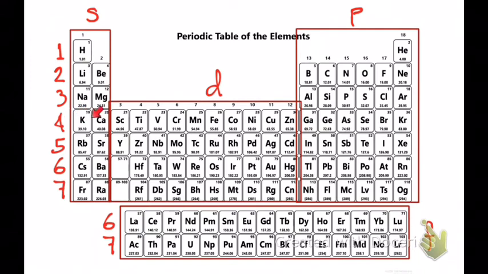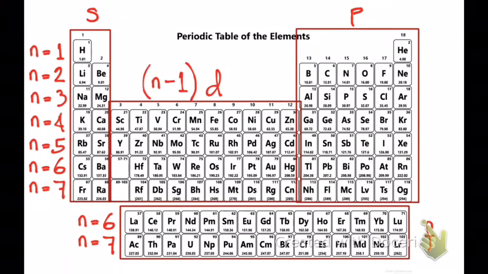And then 4s1, 4s2. And then once you get to the D block, you have to subtract 1 from the row number, right? And that's why we have n-1 for the D block. So for scandium, that would be 4s2 and then 3d1. So the full electron configuration for scandium is 1s2, 2s2, 2p6, 3s2, 3p6, 4s2, and then 3d1.